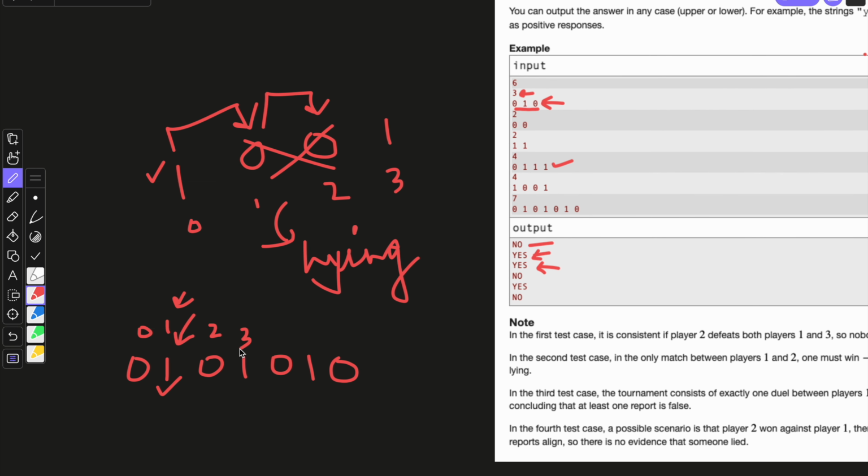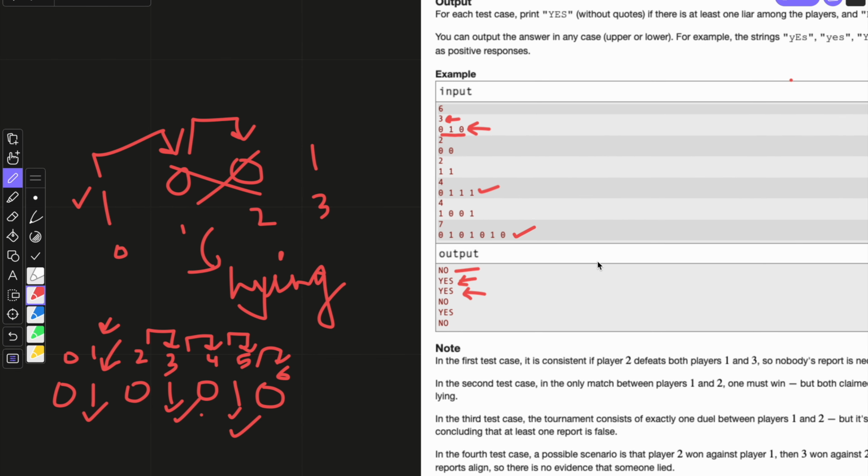Let's see for player 3. When player 2 and 3 fight, player 3 wins. When 3 and 4 fight, player 4 doesn't win, player 3 wins. So player 5 and player 4, when they fight, player 5 wins. Player 5 and player 6, when they fight, player 5 only wins. So this test case is also one where we can say that there is no lying amongst the players.